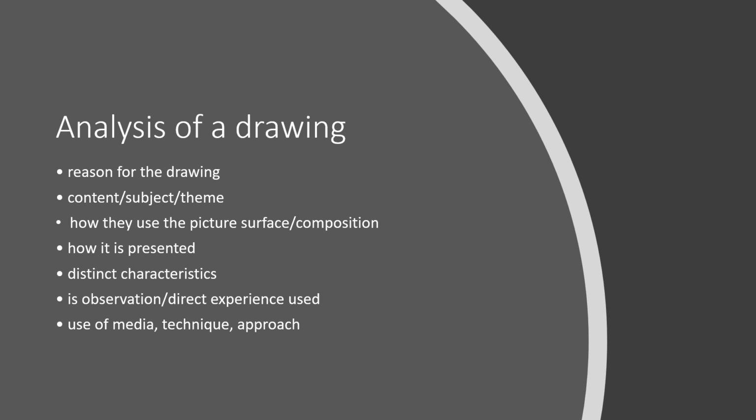Just remember it's all about what you're noticing and what you can see about it, but there are some bullet points here to help direct that analysis. They get you thinking about what you can discuss about the piece of work: compositionally, how things are composed, what you notice about the subject matter and the theme, and how they might use media.